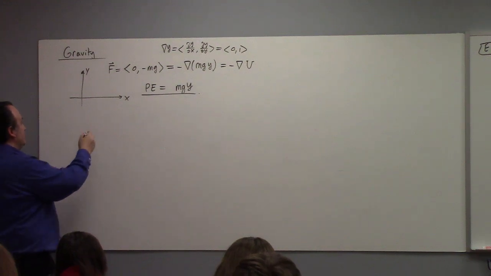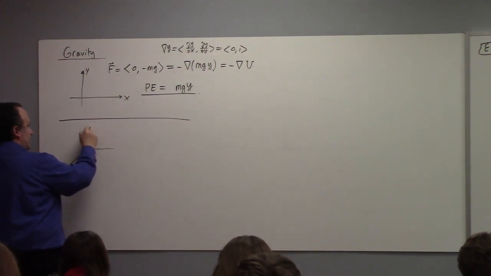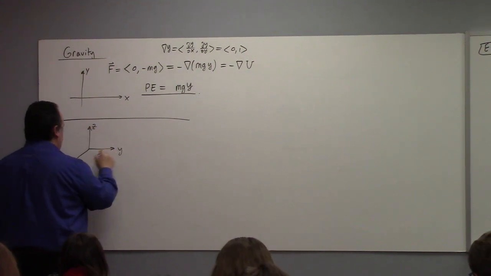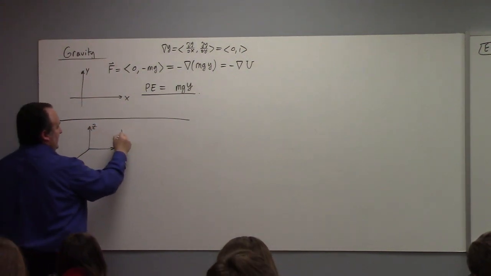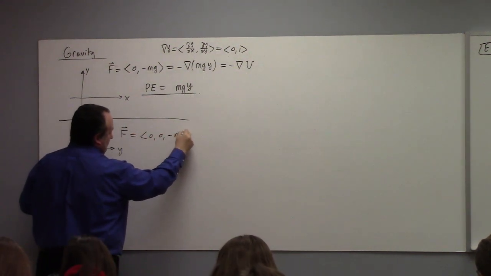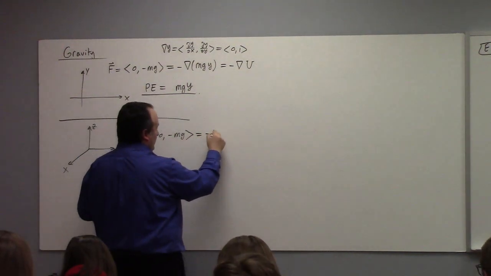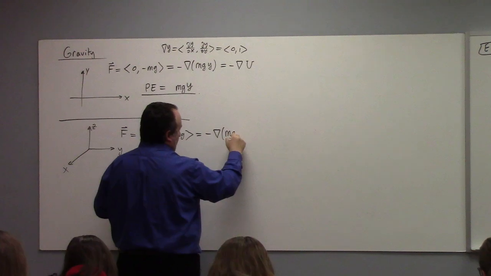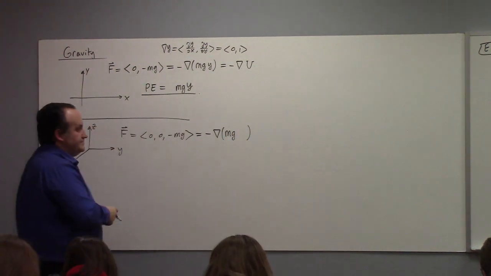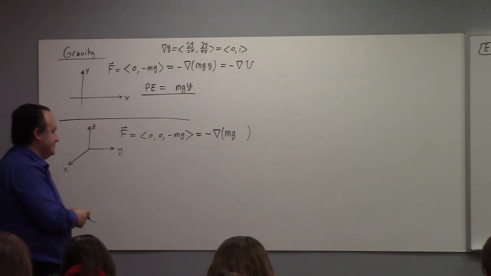There, of course, is another scheme, which is that we're talking about 3 dimensions, right? We can talk about 3 dimensions as well. If my force is 0, 0, minus mg, right, then I would want this to be equal to minus the gradient of what? Mg what? Z, right?